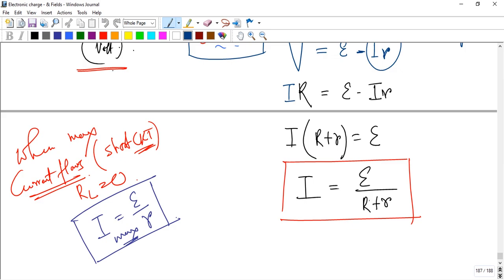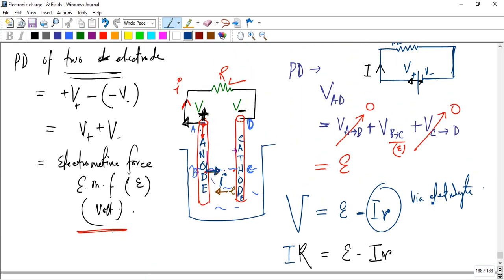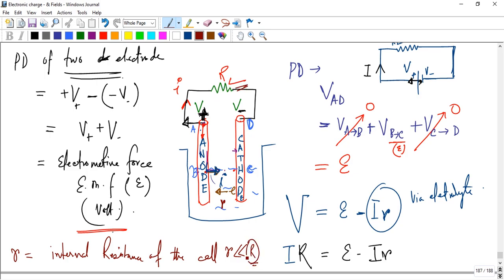Okay, and here is another concept: there is a small r and another is a capital R. You see the diagram. The small r is the internal resistance of the cell. Since current flows through the cell, there is a very small amount of resistance, and that small r is much less than the capital R, which is the load resistance.